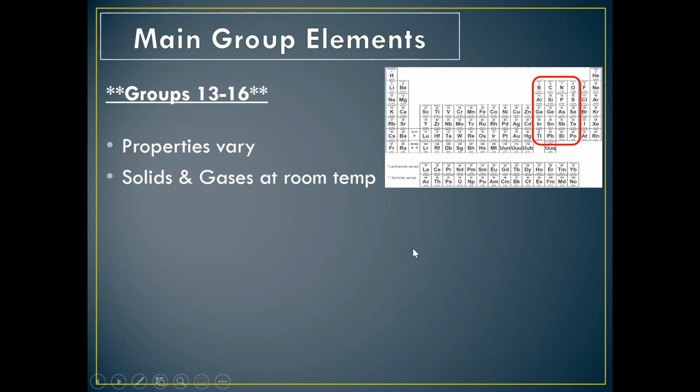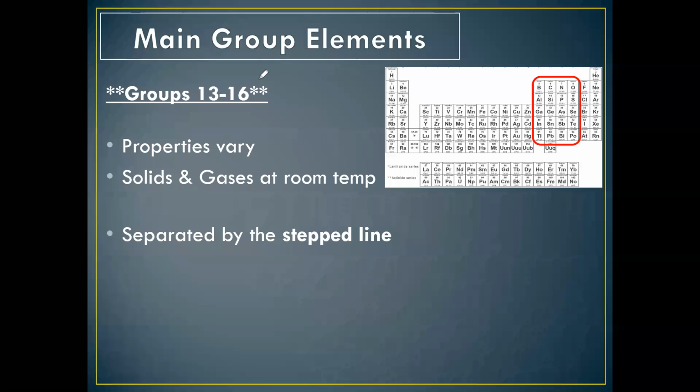gaseous at room temperature. The stepped line separates these. It's not visible, but I think I can draw it in. So the stepped line goes like this. Whoops, it's not that thick, but it goes like that. Okay, so that cuts this family in half.